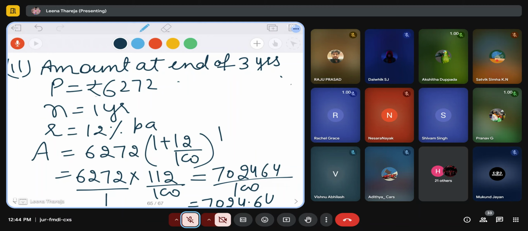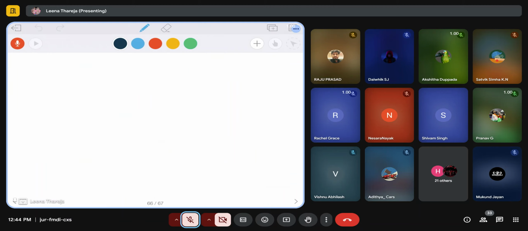Instead of making the same powers, we will make the base the same. Now look at the next question. In how many years will rupees 7,000 amount to rupees 9,317 at 10% per annum compound interest? Clear cut, everything is given to you.